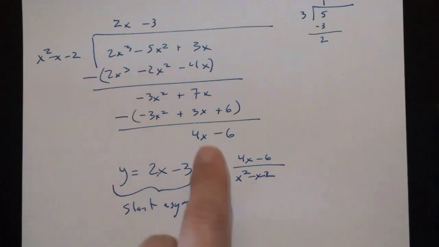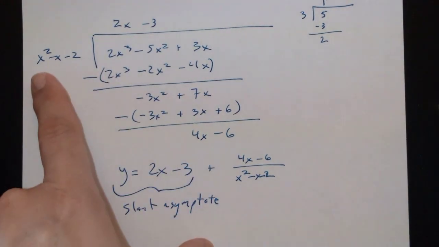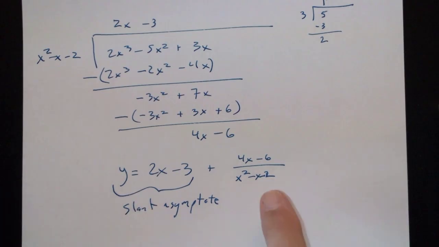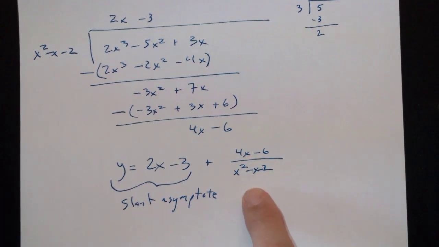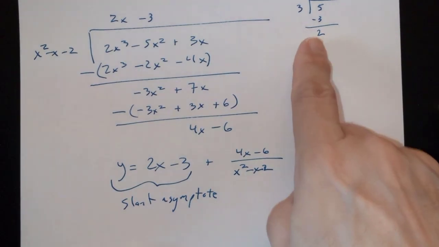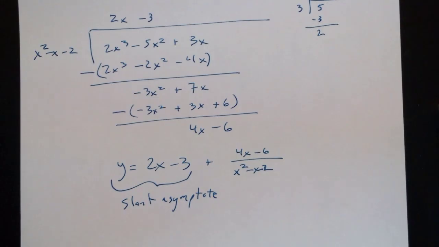I don't stop here until this power is smaller than this one. And that guarantees me that the power on top will be smaller than the power on the bottom. Yay! That's how I know it's going to go to 0. Just like up here, I knew I could stop my dividing because 2 is smaller than 3. I can stop my dividing because my power in my remainder is smaller than the power in my divisor.